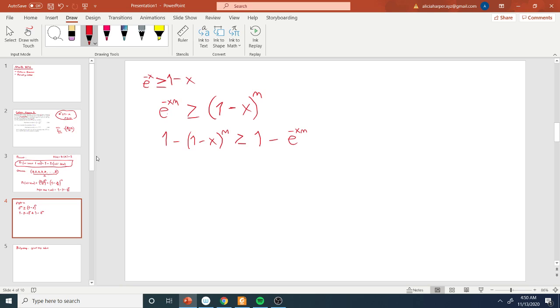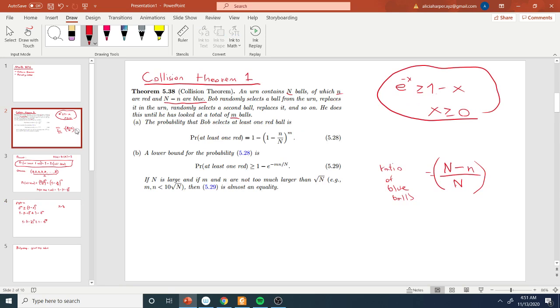Now let's substitute in x equals little n over big N, and we get (1 minus little n over big N) all raised to the m is greater than or equal to 1 minus e to the negative little n times little m divided by big N. And this completes the second part of the proof of the collision theorem.